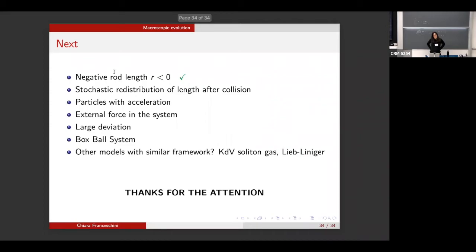But so far we can only do that when at the beginning particles exist only on the half line. Your case is any initial configuration is okay.